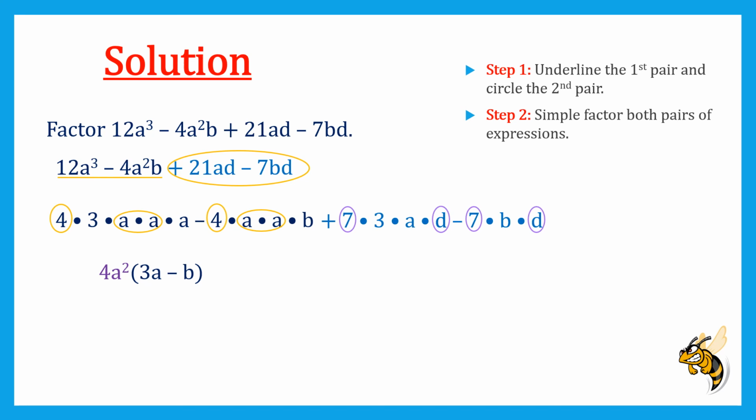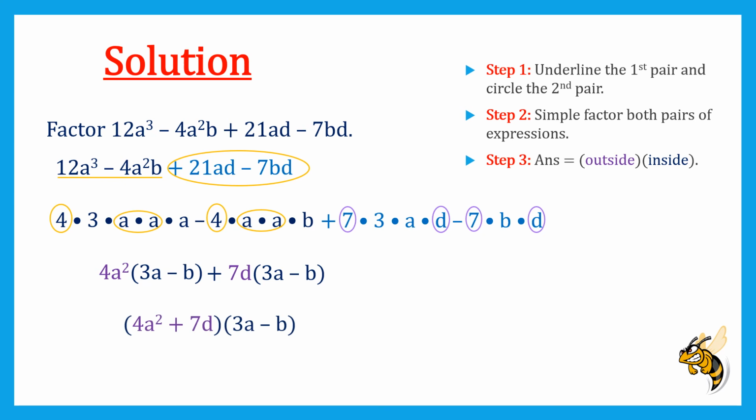So the greatest common factor for the second pair is 7d followed by 3a minus b. And your answer is the outside times the inside. So therefore it's going to be 4a squared plus 7d times 3a minus b. And that's your final answer.